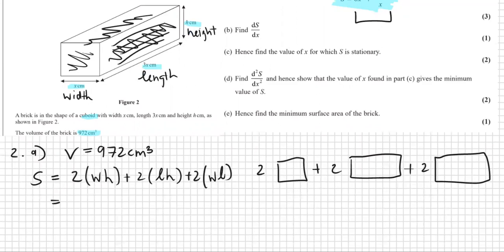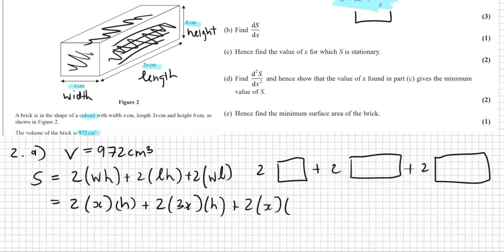So if we sub in all the values we have here, 2 times width x, height h, 2 times length 3x, height h again, 2 times width x times length 3x. Let's get that cleaned up a little bit.